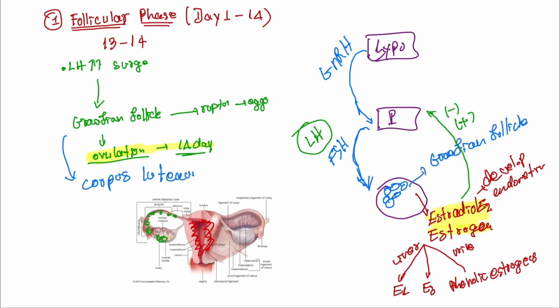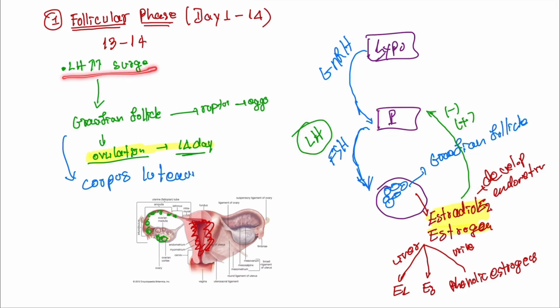When it grows, the follicle produces estradiol, and estradiol in the liver is converted to estrone and estriol, and in the urine it becomes phenolic estrogen. The main important role of estradiol is to thicken the endometrium. And on days 13 and 14, estrogen gives positive feedback to the pituitary gland to release more LH, and it's called the LH surge.